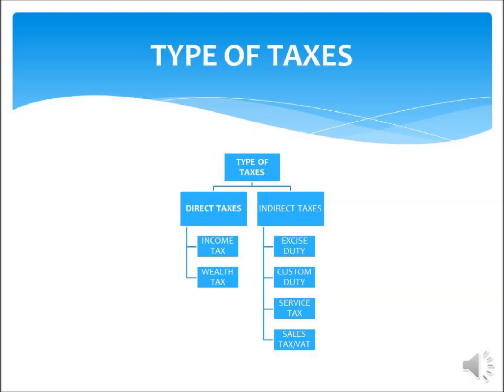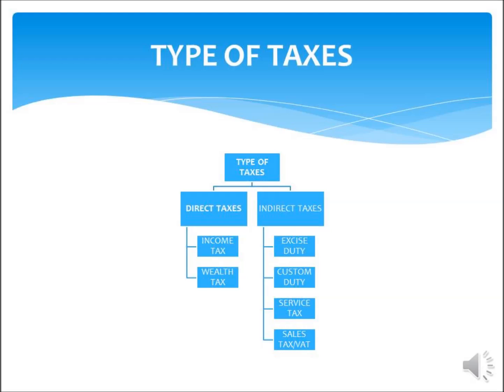In service tax, as we discussed, whenever I am rendering some services to any person, I am liable to pay service tax. Then there are sales tax and VAT, a very common type of tax. We all are aware of these widely used terms, sales tax and VAT. This is an indirect tax which is levied on the price of the products that are sold.